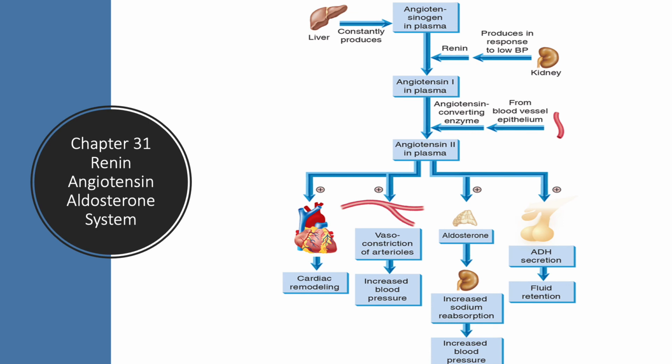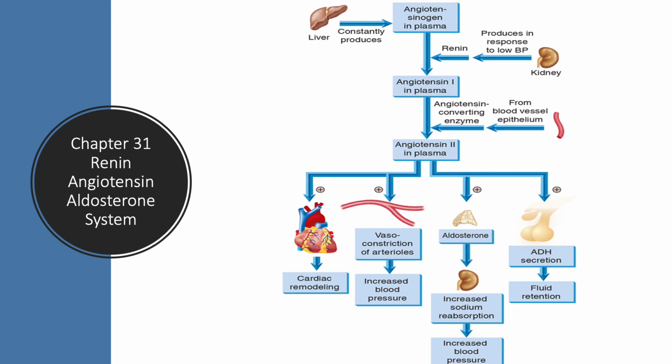Okay, so there's angiotensin converting enzyme inhibitors, there's angiotensin 2 receptor blockers. If you look at aldosterone, there's a drug called spironolactone that blocks aldosterone. There's a renin inhibitor right at the top of this pathway that inhibits renin from acting right at the beginning.